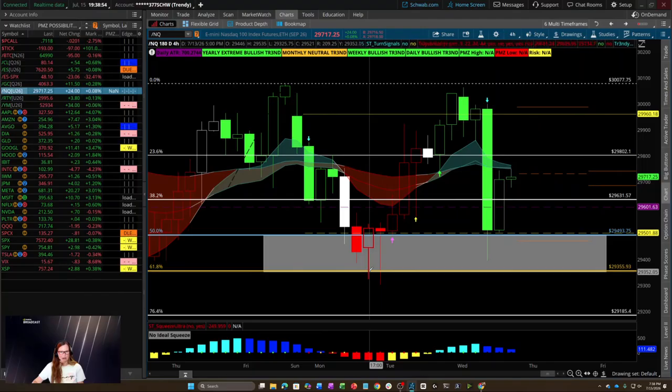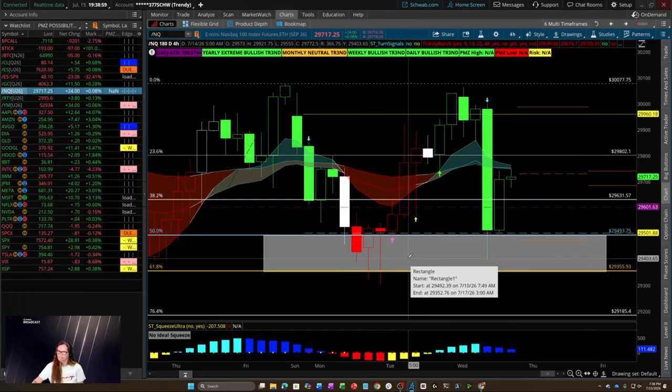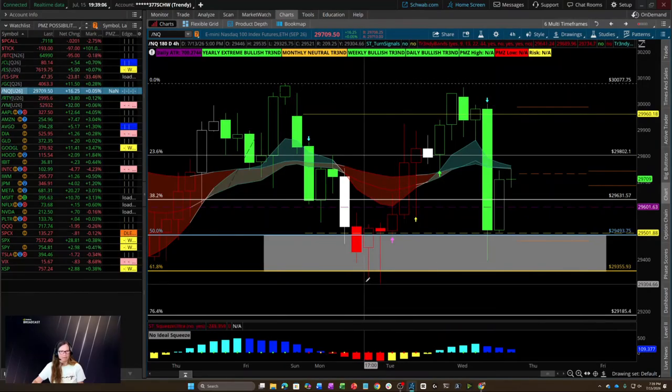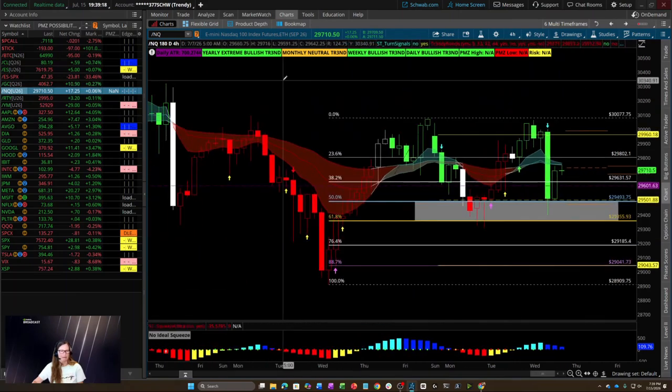Was I stopped out of this trade right here, trading this zone? That's right. I was not stopped out of that trade. And Renata asked, that's right, because it didn't close. No close below it, no stop out.